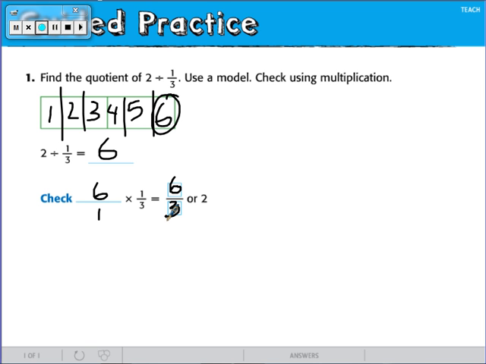One of the things I want to talk about is what I can almost guarantee all your parents are going to tell you today. You're going to go home and say, I have to divide fractions, and they're going to tell you KFC.